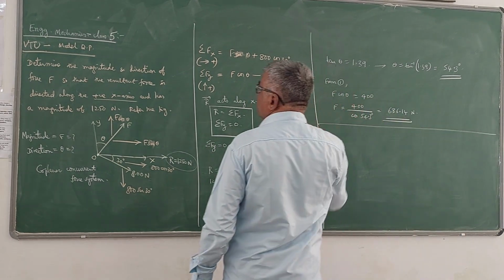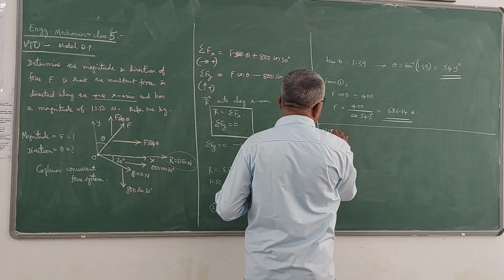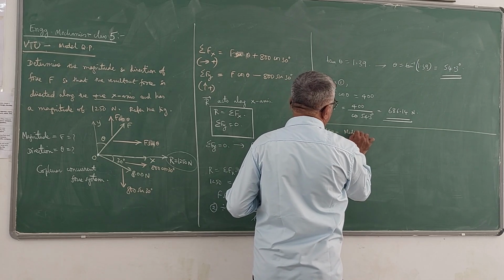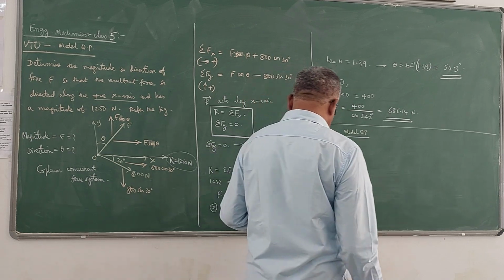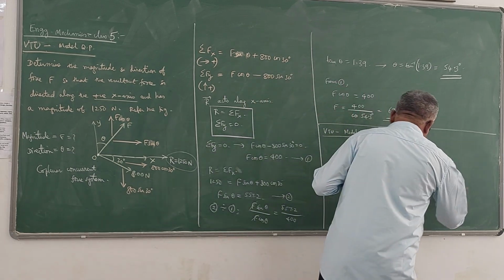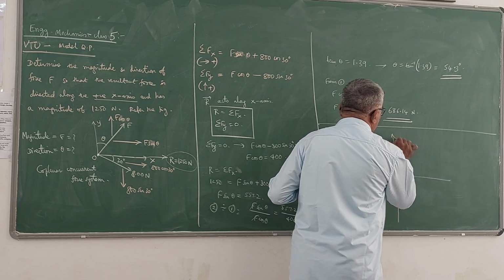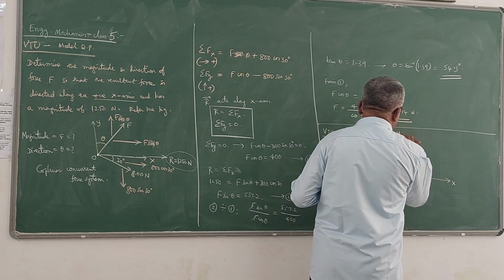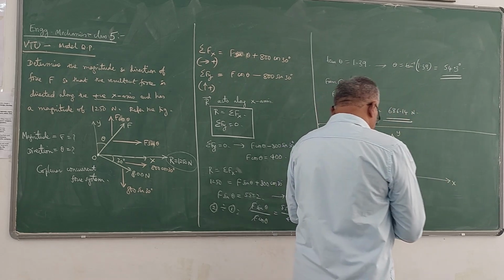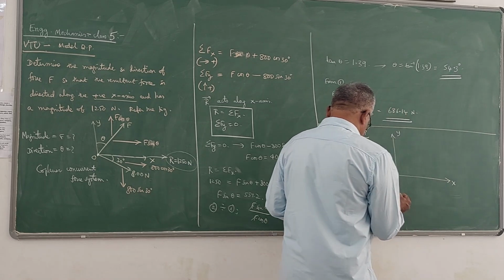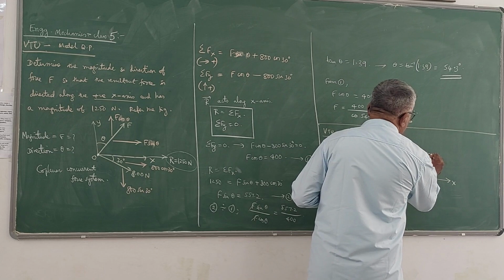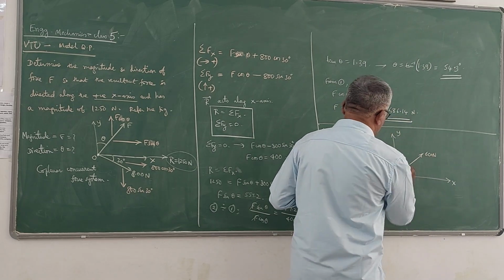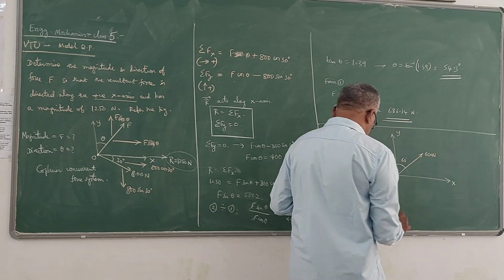So this is another problem. Once again, this is a PTU model question paper. So the question is like this. He has given a system of concurrent forces, x-axis, y-axis, origin. He has given the forces like this. There is a force of 600 Newton acting at an angle of 60 degrees with the vertical in the first quadrant.